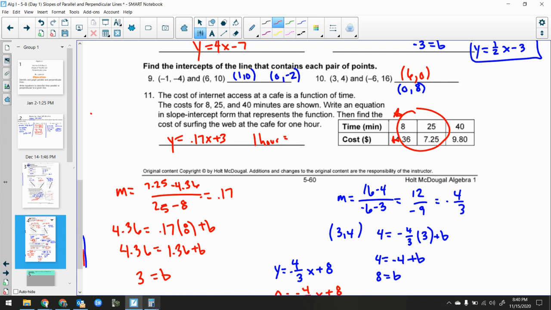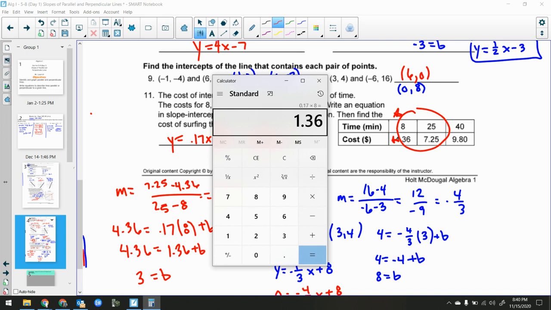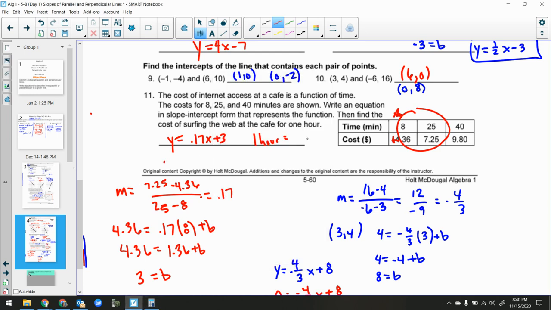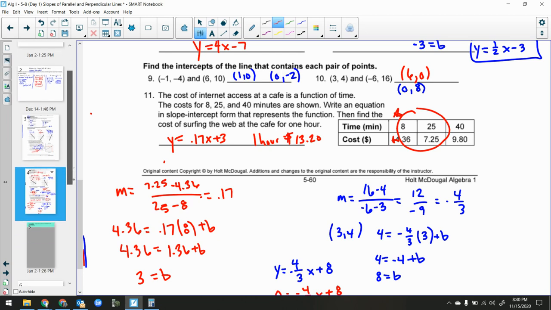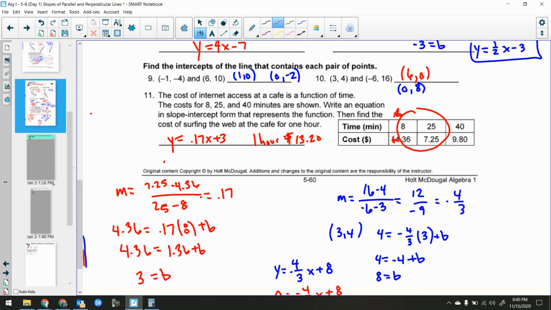Got to plug that in. So 0.17 times 60 plus 3, 13.2. $13.20.